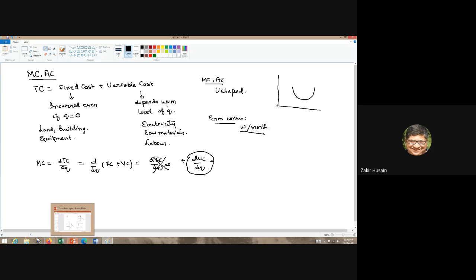Once you go through these two sections, we will discuss some questions which are given at the end of chapter 3, particularly question numbers 3, 5, 6, 7. Okay, this is one.